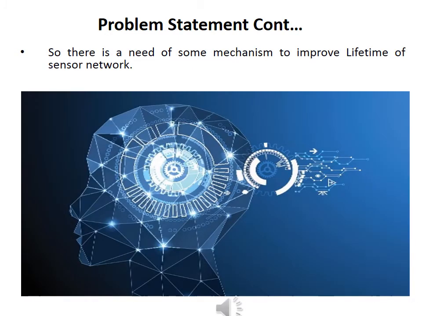So dear students, you will know about the problem: the battery is the only source of energy, and due to the topological problem in deployment, access to or replacing the battery is not possible. So there is a need for some intelligent mechanism to improve the lifetime of the sensor node.